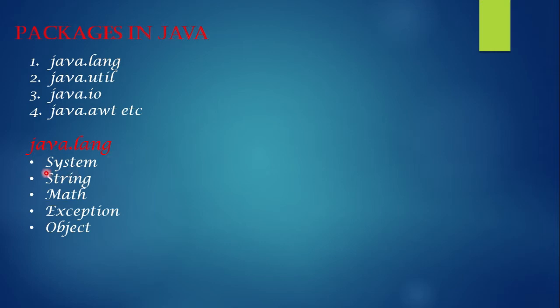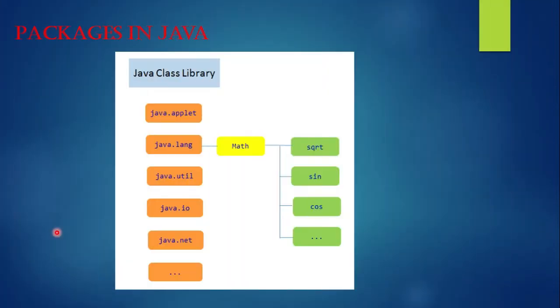So in this package we have the System class, String class, Math class, Exception class and Object also. See, with this example it will be very clear for you. These all are packages: java.applet, java.lang, java.util, etc.